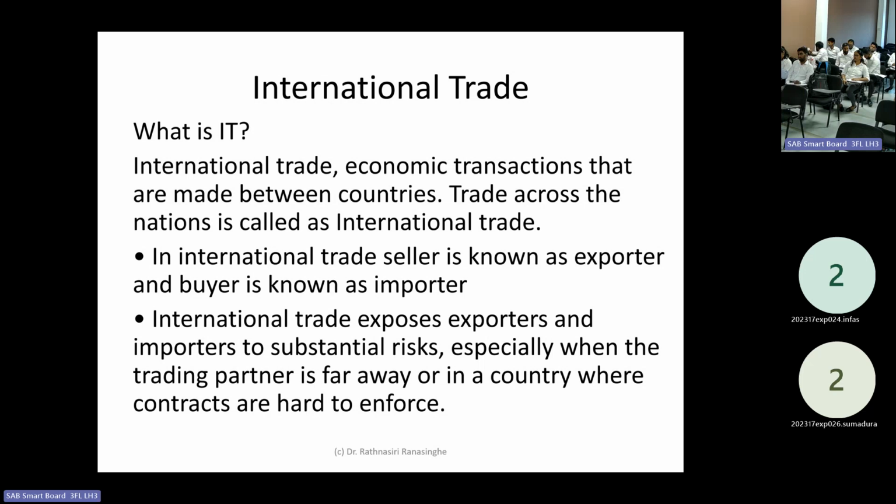So that means inward looking policies, right? Basically, we can talk about these inward looking and outward looking policies. Inward looking, you know, in our country also we experienced it, especially in some period in the 1960s and even the 1970s. In the 1970s, under the Sirimavo Bandaranaike period, the SLFP government, rigid controls were introduced, closed economic policies, right?